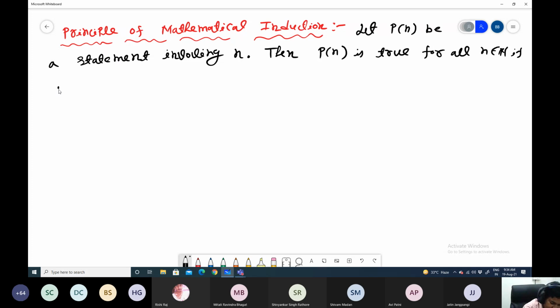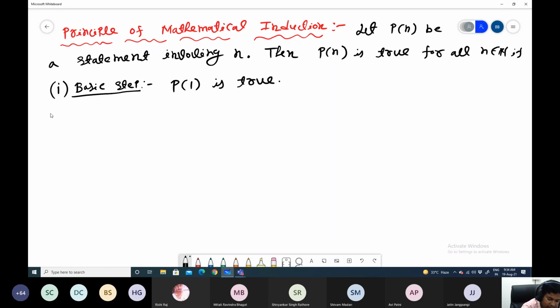So what is the first condition? This is called the basic step. In this step, we will prove that P1 is true.